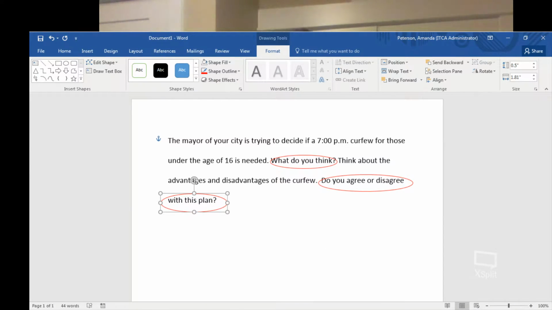Okay, so we have circled the direct questions. We know exactly what this is asking us. This is asking us really, what do you think? And do you agree or disagree with this plan?